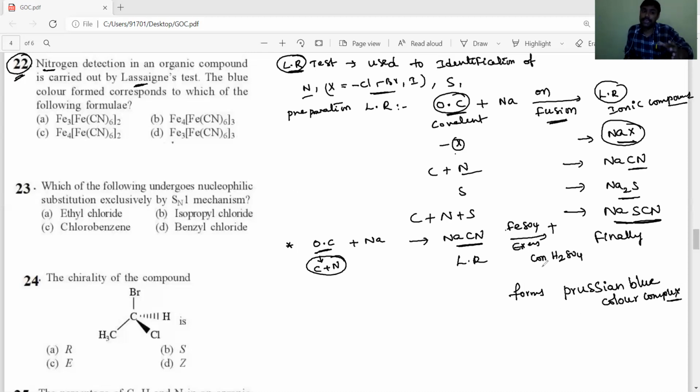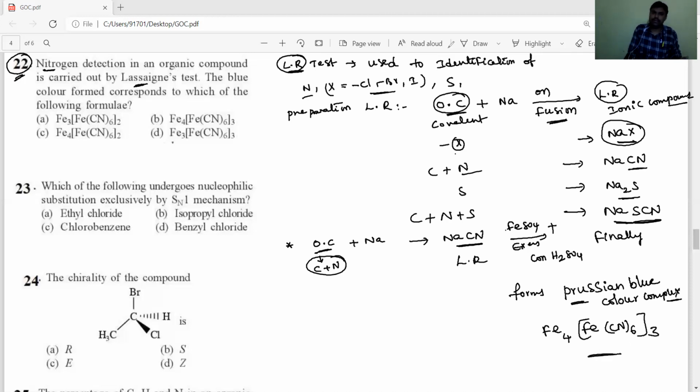Sometimes only the color is asked, sometimes the complex formula is asked. The Prussian blue complex formula is Fe4[Fe(CN)6]3. This formula we also need to remember, dear students.